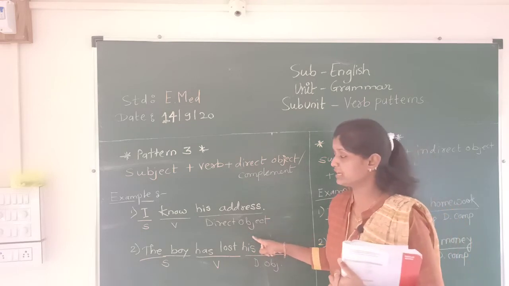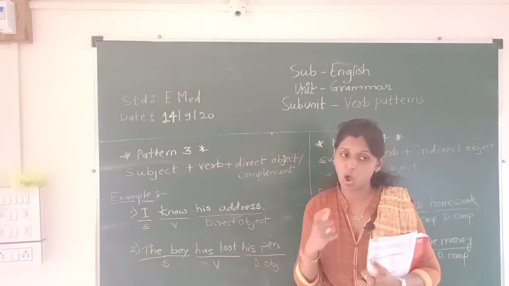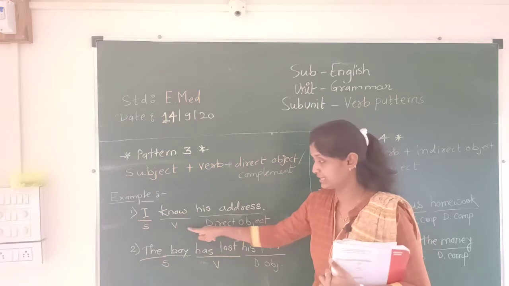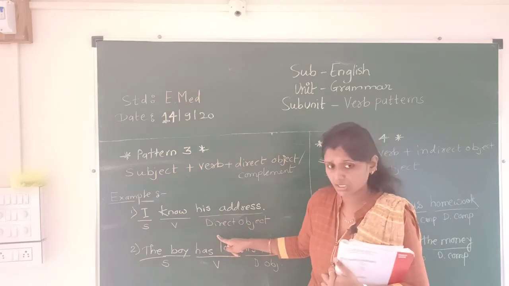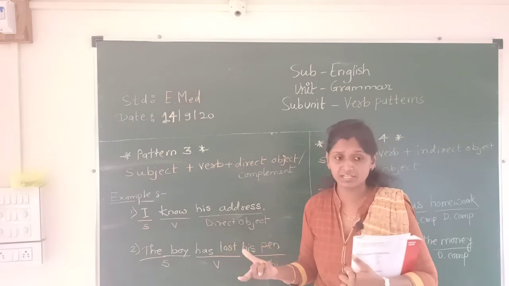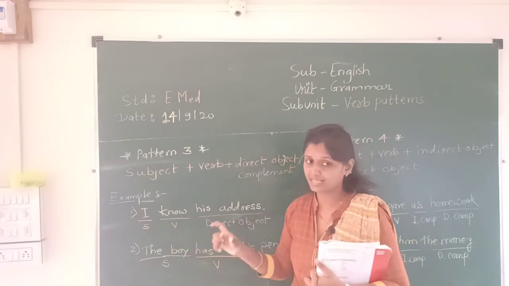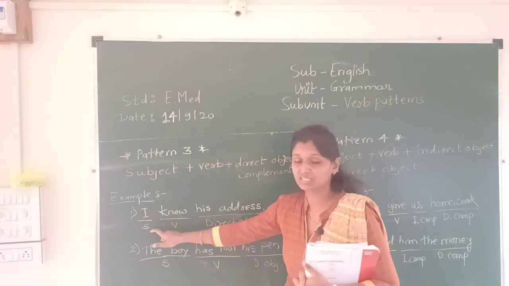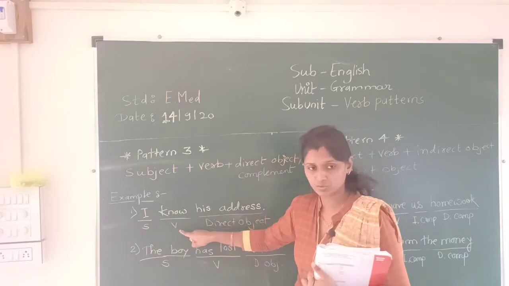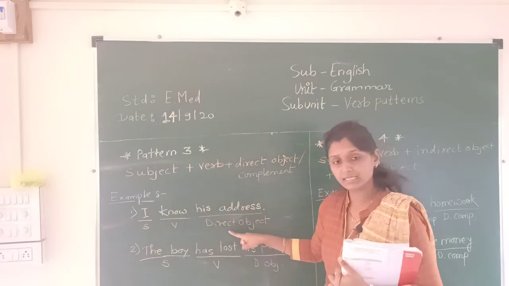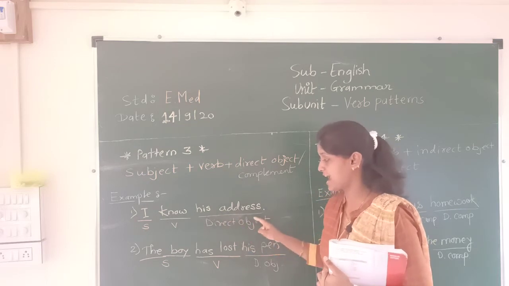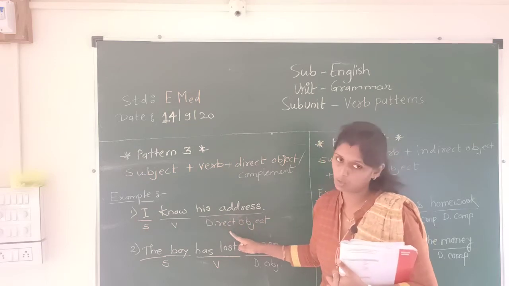In this sentence we didn't use any auxiliary verb because it is not needed. So we form a sentence with the help of only subject plus verb plus direct object. His address is the direct object part.